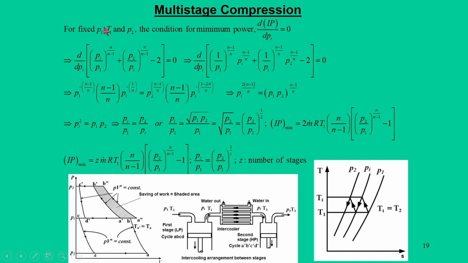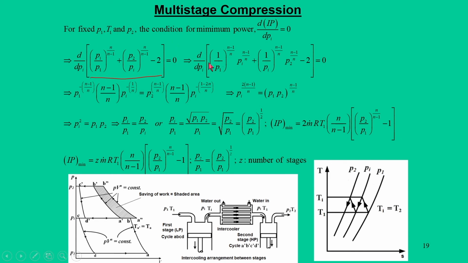For a fixed inlet condition P1 and T1 and fixed delivery pressure P2, the condition for minimum power is that d of the indicated power with respect to Pi is equal to 0. So, the expression in the bracket has to be differentiated with respect to Pi.